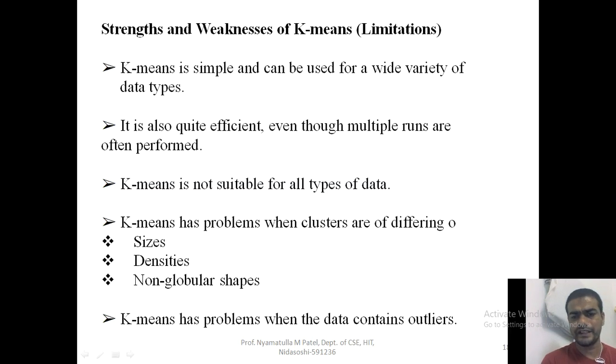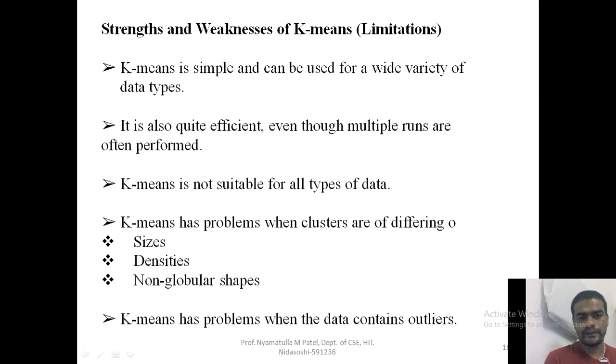It is also quite efficient, even though multiple runs are often performed. Even though k-means is a simple and efficient algorithm, you need to run it for multiple iterations.